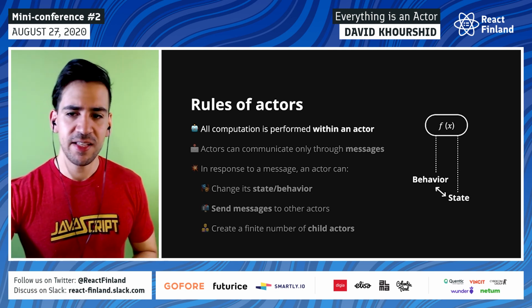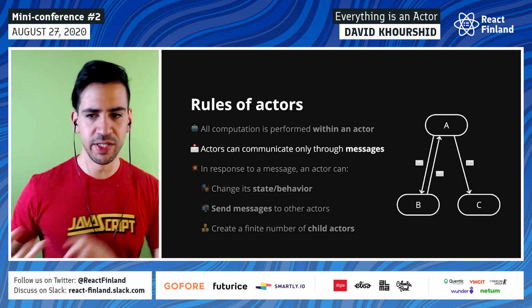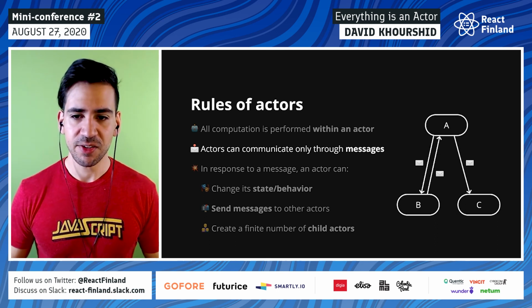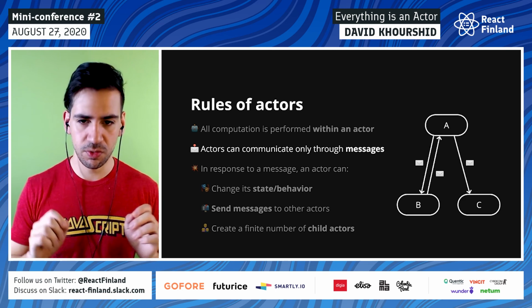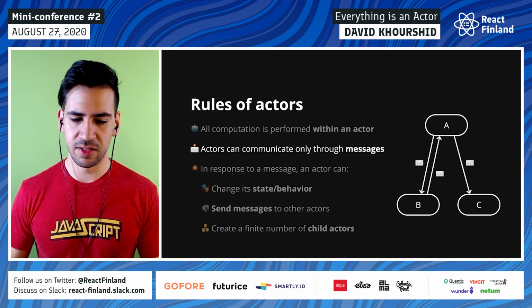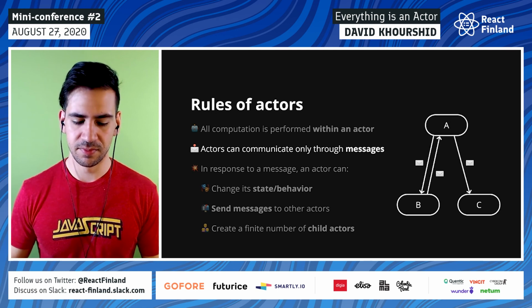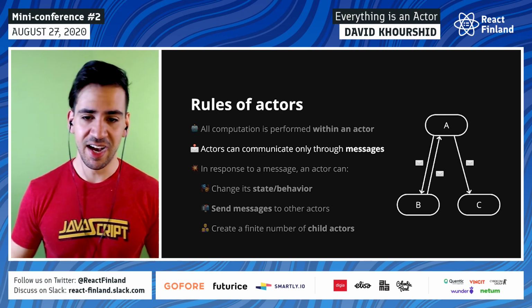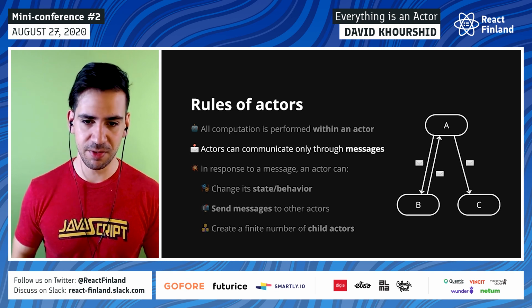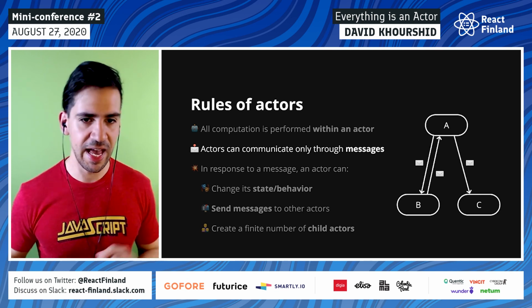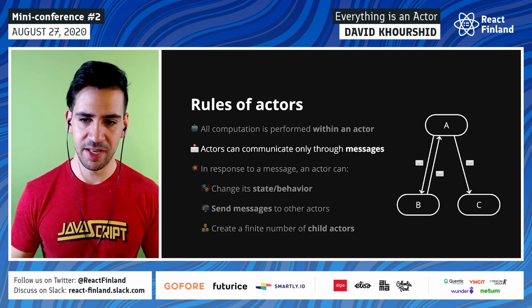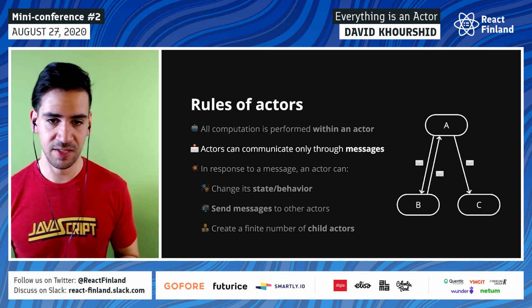So then, how can one actor read another actor's state? Well, that's where the second rule comes in. Actors can communicate only through messages, nothing else. Isaac Newton said, for every action there's an equal and opposite reaction, but you can't have a reaction without an action. Something has to cause something to happen, and that something is messages.